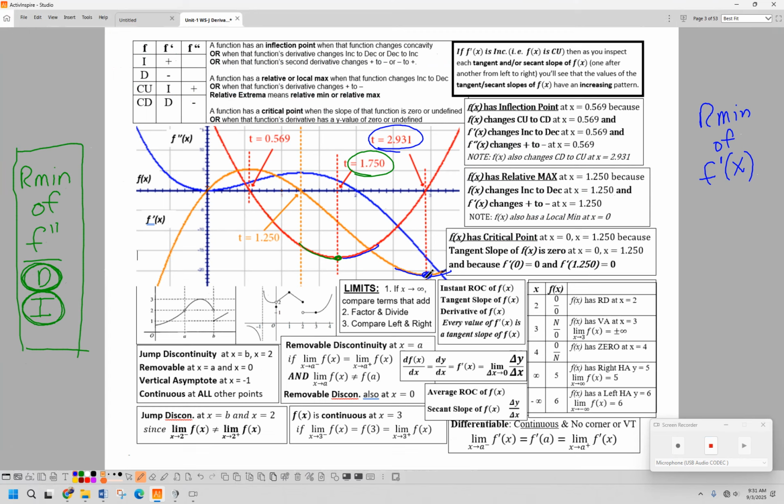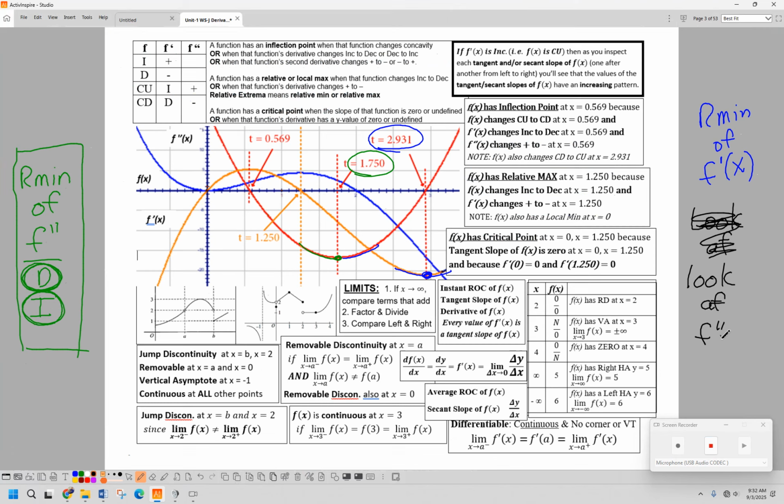But on the test, what they usually do is they ask you to identify something from a graph you cannot see. So a more common question is going to be, look at f double prime and figure out where f prime has a relative min.